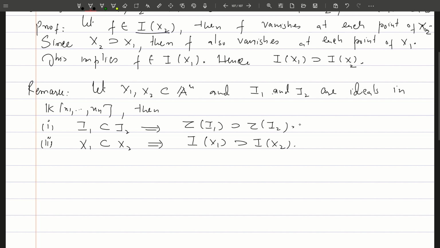Therefore we have the inclusion reversing maps.